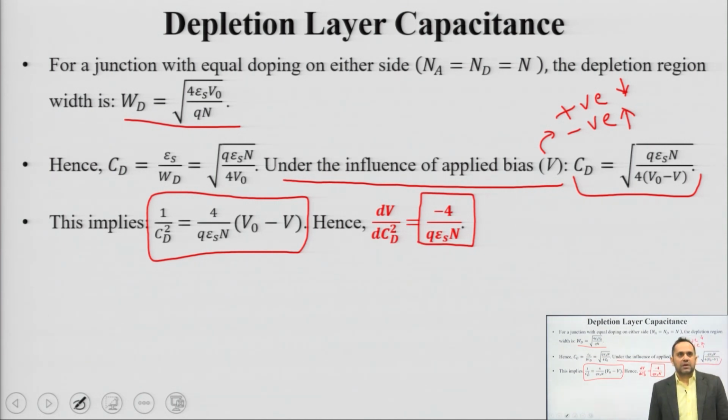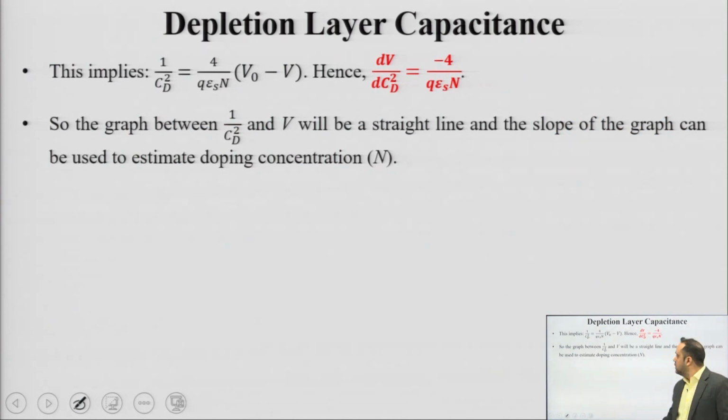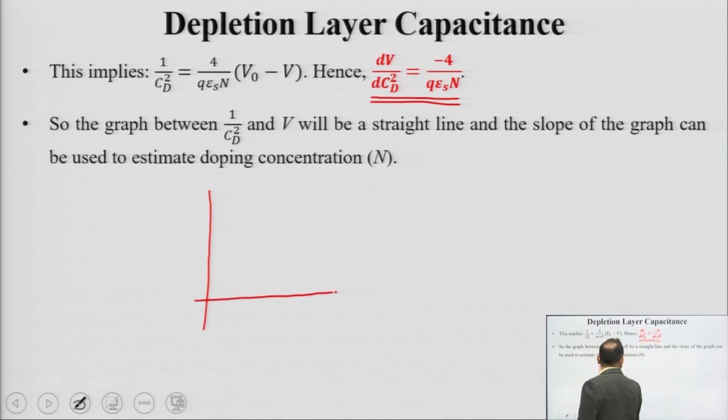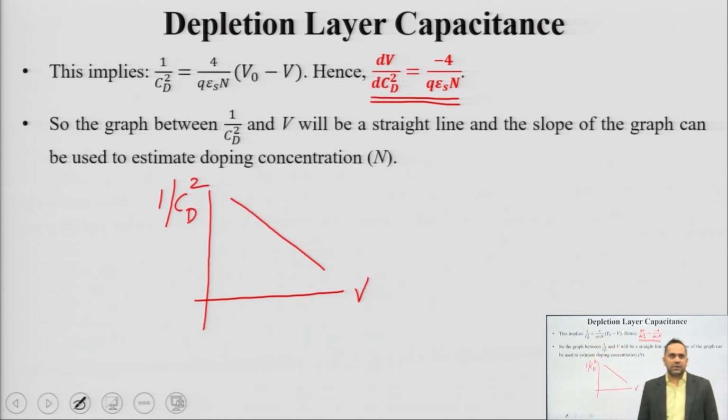This basically means that if I plot a graph between V and 1 by CD square, you might get a straight line, because you have a minus sign there, the graph might fall as well, it becomes more negative when you reduce it.